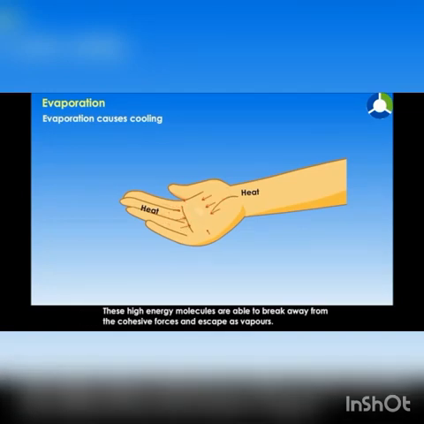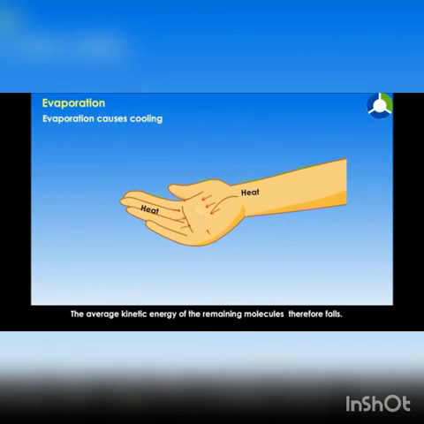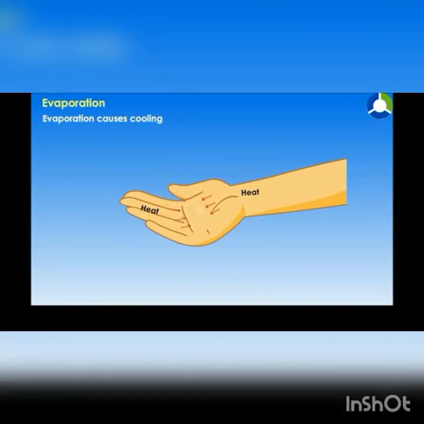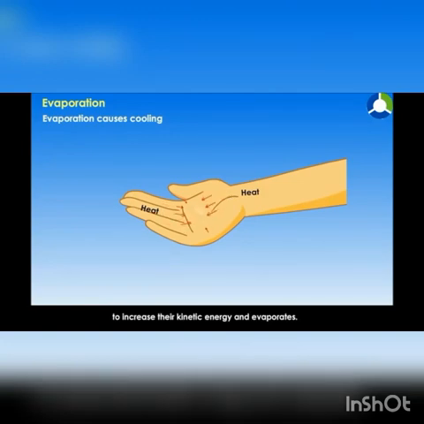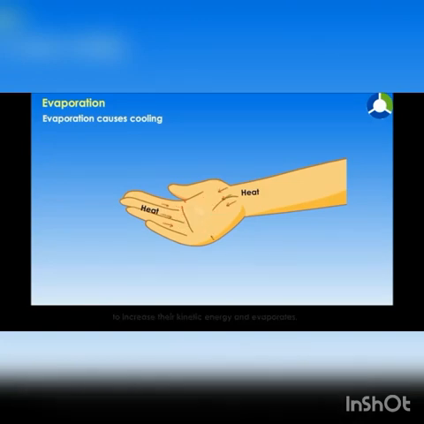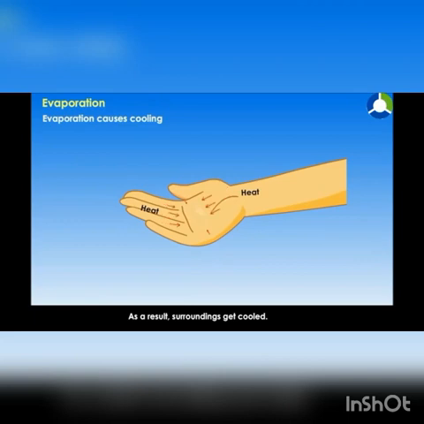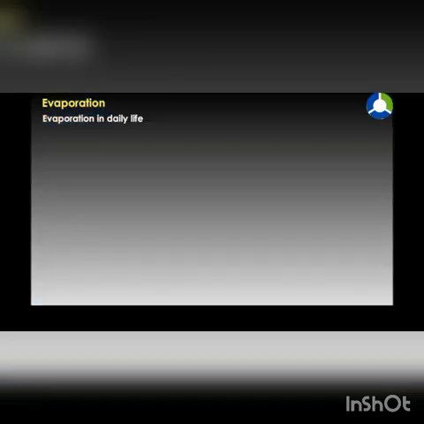These high-energy molecules are able to break away from the cohesive forces and escape as vapors. The average kinetic energy of the remaining molecules therefore falls. The remaining molecules draw the necessary heat from the surroundings to increase their kinetic energy and evaporate. As a result, the surroundings get cooled.